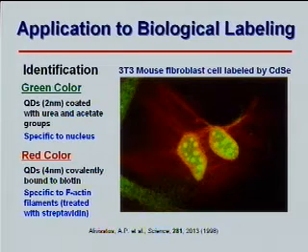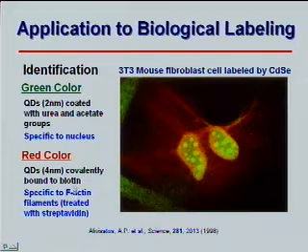The green quantum dot is coated with urea and acetate groups, which can specifically bind to the nucleus. On the other hand, the red quantum dot is covalently bound to biotin, and this cell is treated with streptavidin.